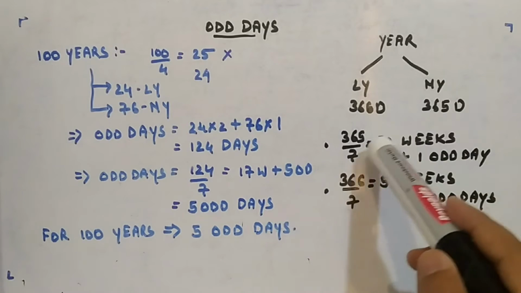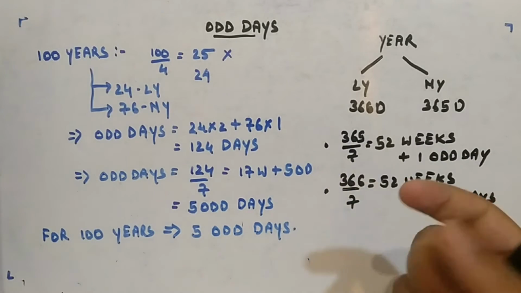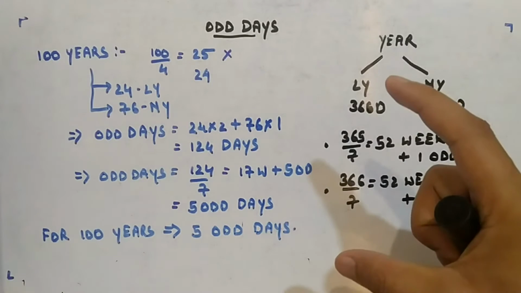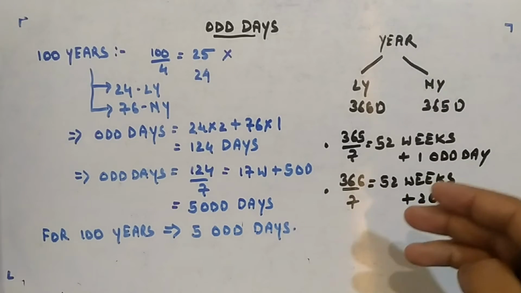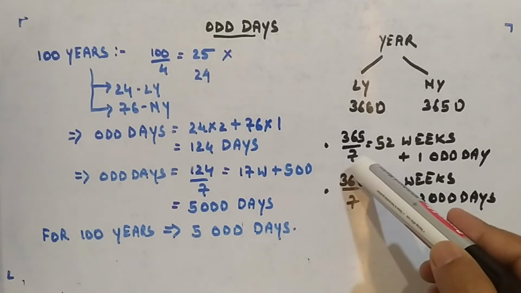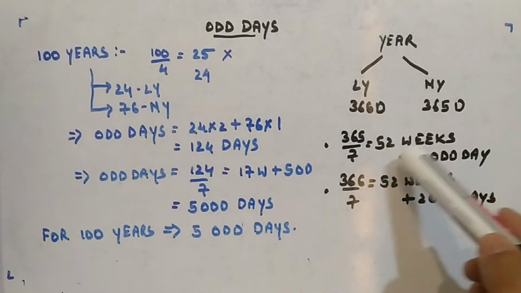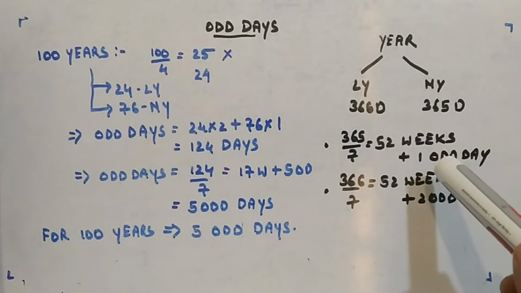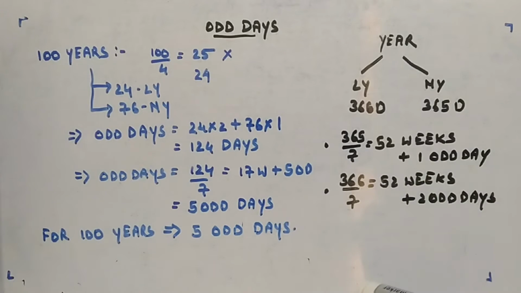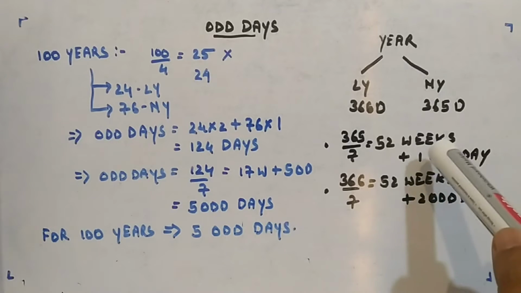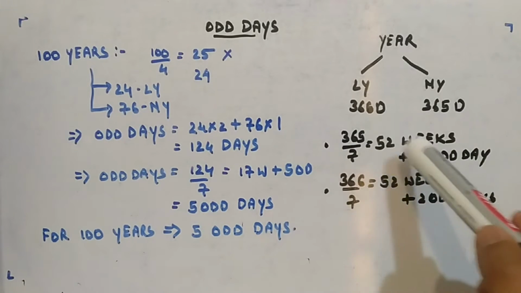If you divide a normal year by 7, why are we dividing by 7? Because we have only 7 days, Sunday to Saturday. If you divide it by 7, you will have 52 weeks, but an extra 1 will be there, 1 odd day remaining.